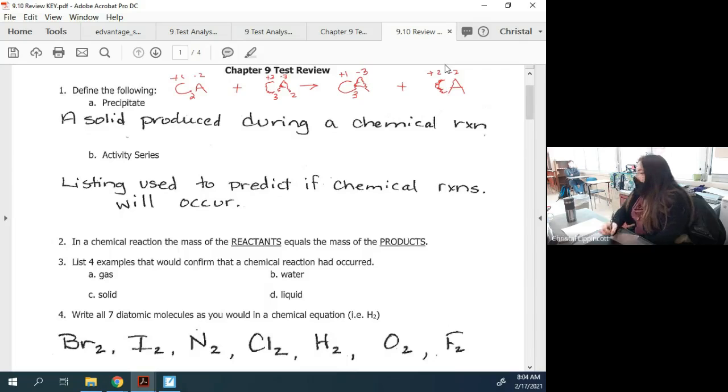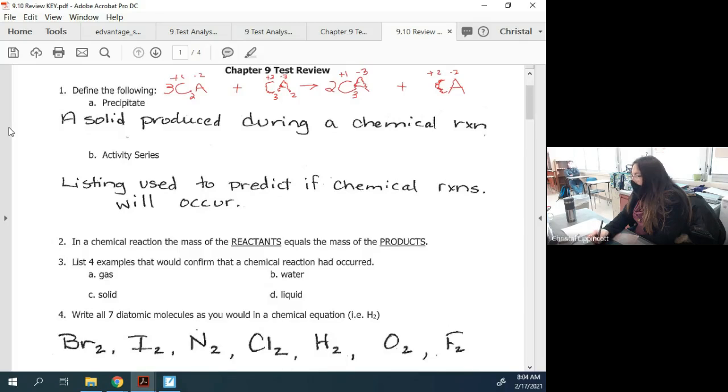Now I'm going to have to use coefficients. So for this straight C, I have 2 here and 3 here. So I'm going to look for the least common multiple, which is 6. So for this one, I want 6 here, and I want 6 over here. So those are all balanced.